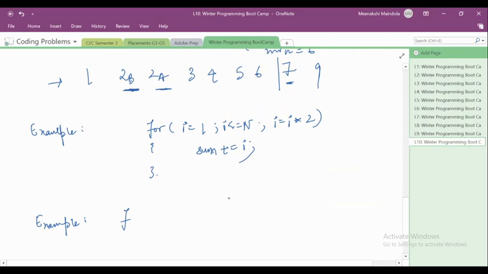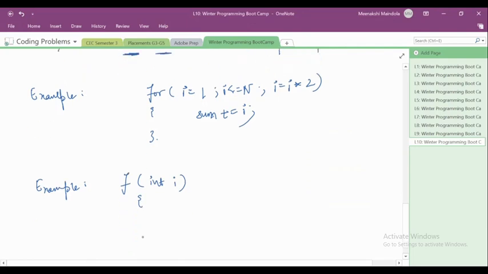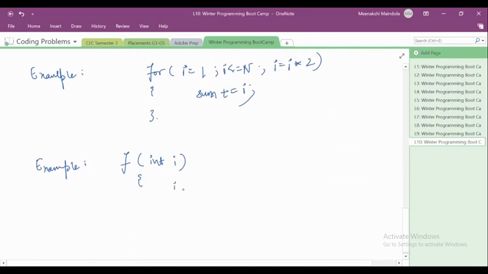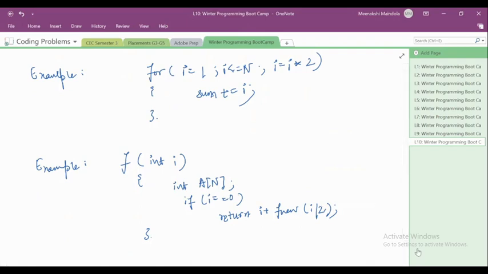Let me write down all these variables. Okay, so we have these two examples here.